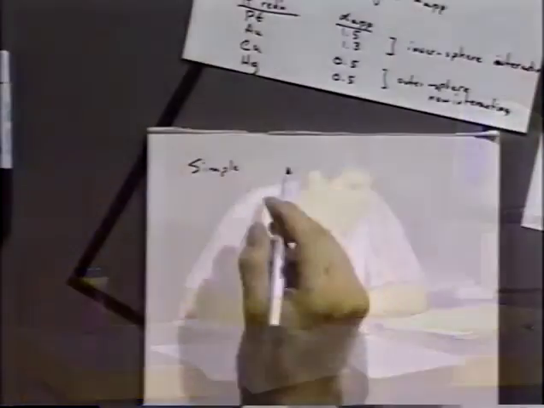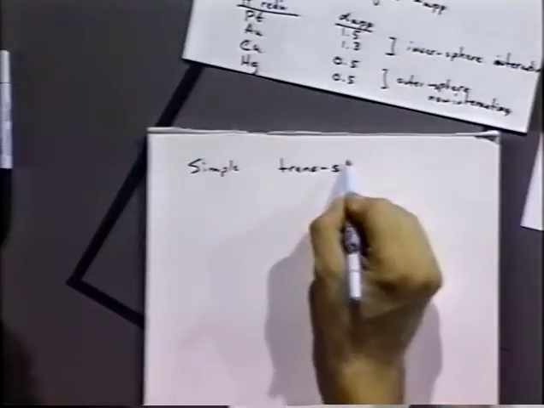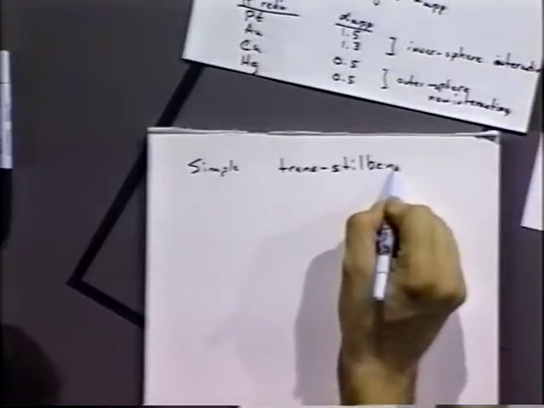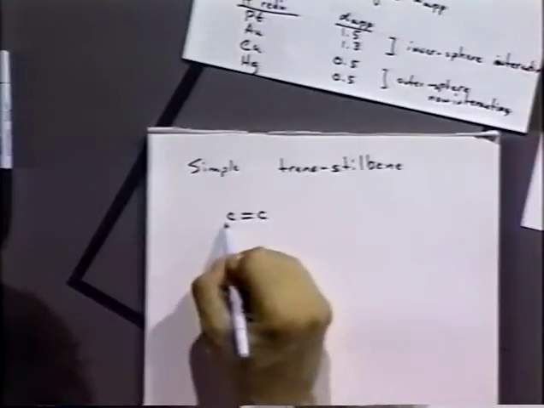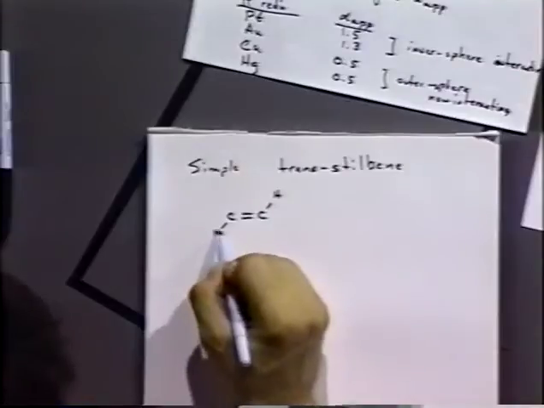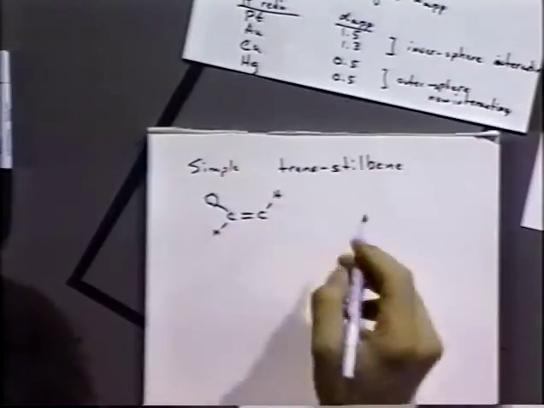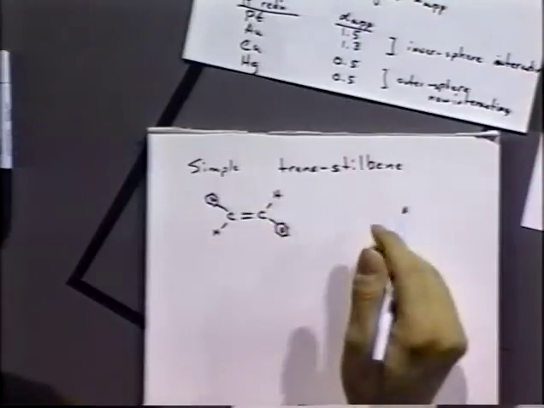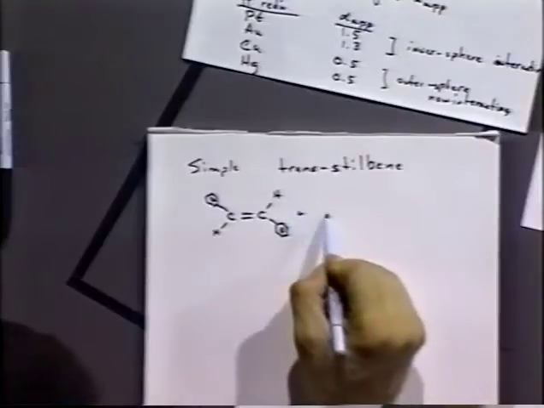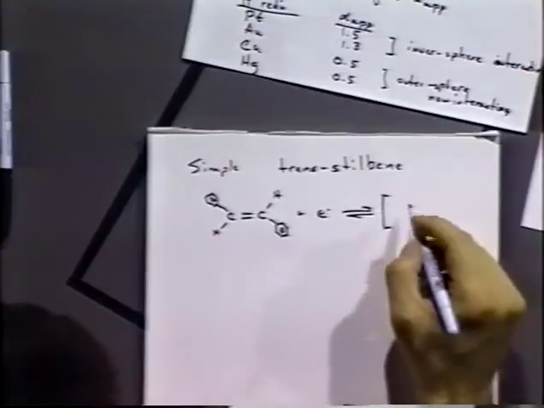An example I show is this one, which is for trans-stilbene, where we have a double bond and benzene rings associated with it. That particular case forms a radical anion.